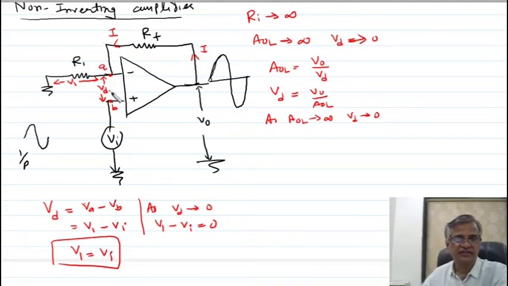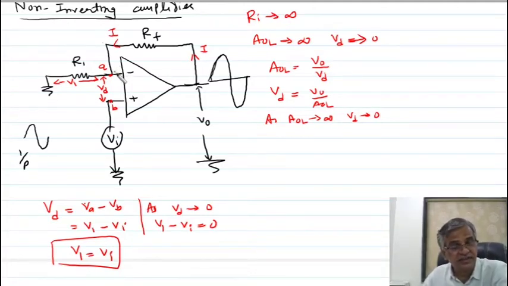Now remember, in a non-inverting amplifier, the summing point A does not behave as a virtual ground. So in a non-inverting amplifier, virtual ground does not exist.